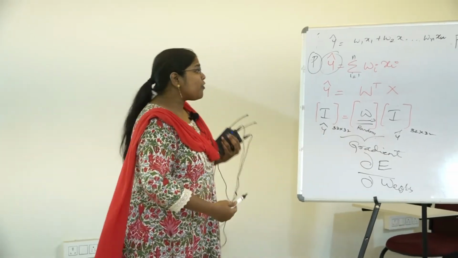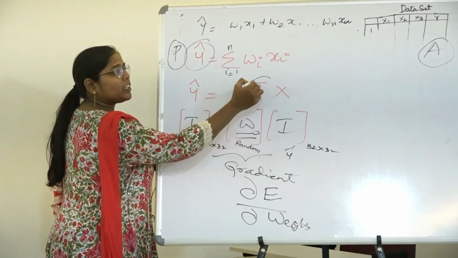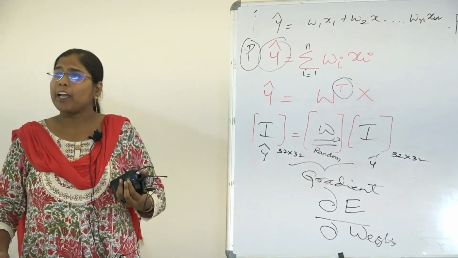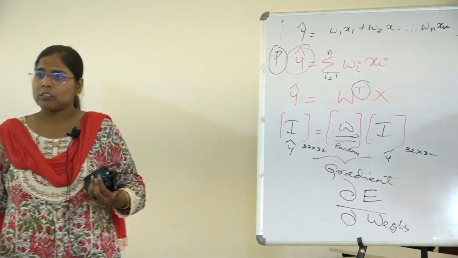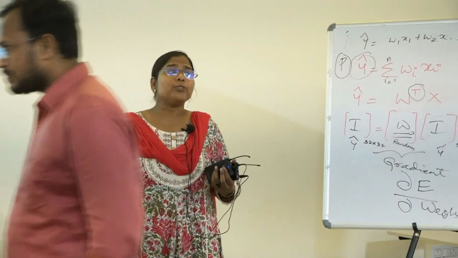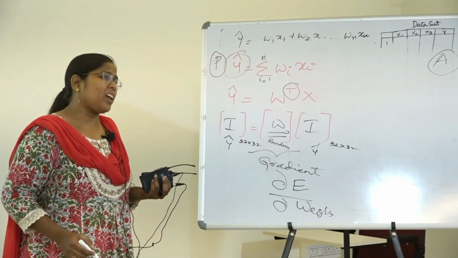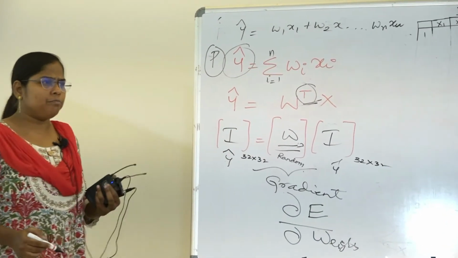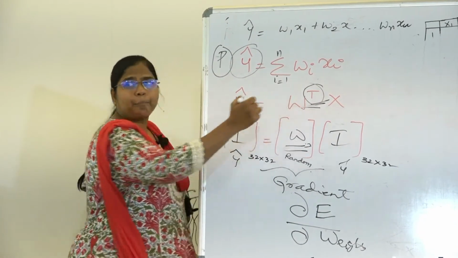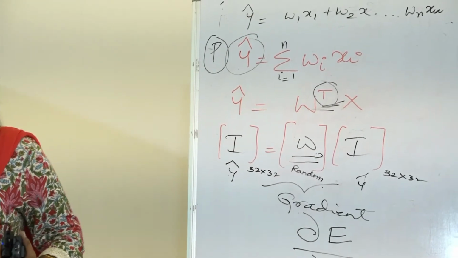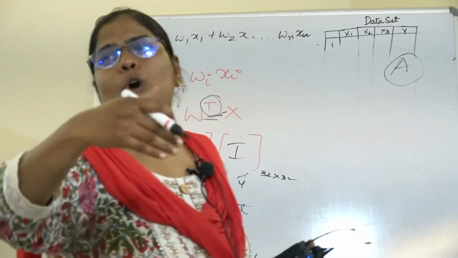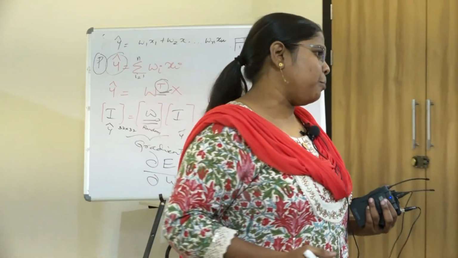Why have we written T here? Can we multiply row by row? No. Always we need to multiply a row with a column. That's why we take the transpose. This W represents the transformation so that we can multiply the row with a column of your image.